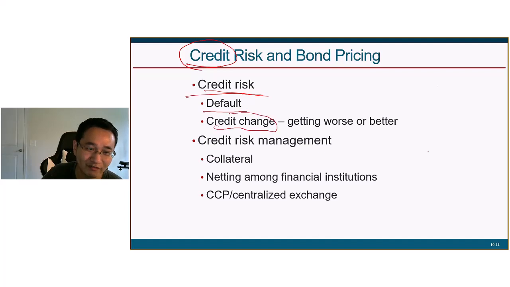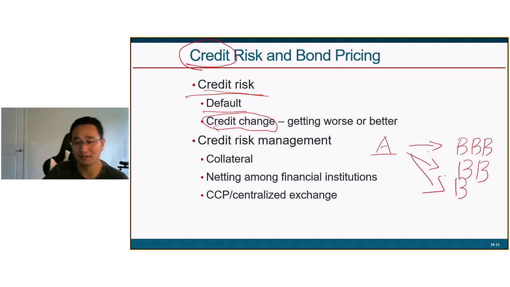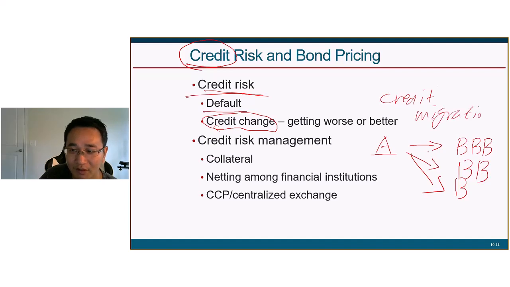If default is not that common, credit change is. Like if we have an A-rated bond, it can change to a triple B, or it can go to double B. It can even go lower, right? This is called credit migration.